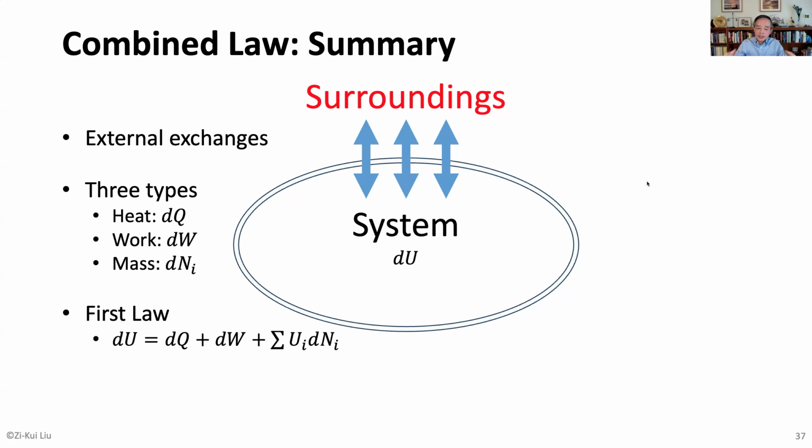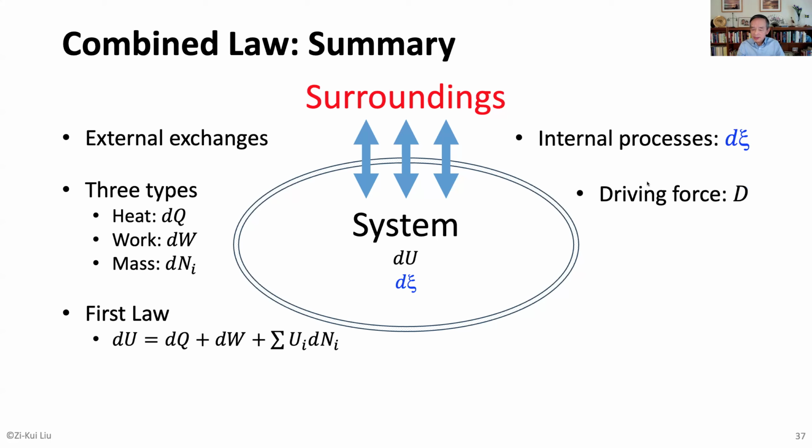But when the system receives energies from the surroundings, it has some internal processes. We use xi to represent it. The internal process must have a driving force, with D to represent it. The second law says that D times d xi must be positive. That means if the process is moving forward, d xi is positive, and the driving force times d xi is positive. It's represented by the entropy production, d_iS, on the left side of this equation.